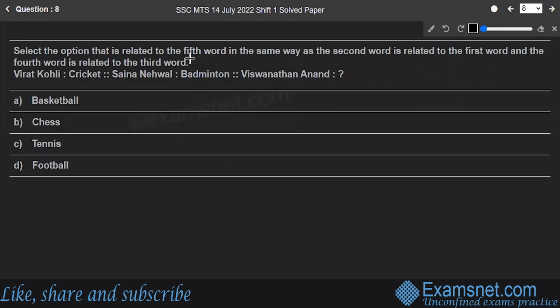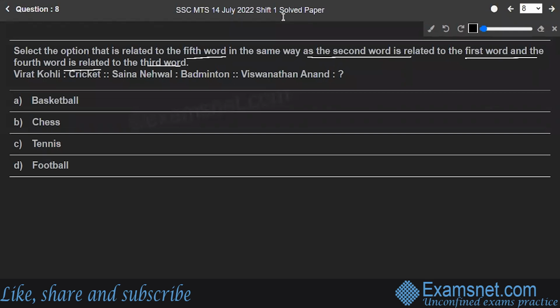Select the option that is related to the fifth word in the same way as the second word is related to the first word, and the fourth word is related to the third word. Virat Kohli is related to cricket. The same way Saina Nehwal is related to badminton. Same way Viswanathan Anand is related to which sport?